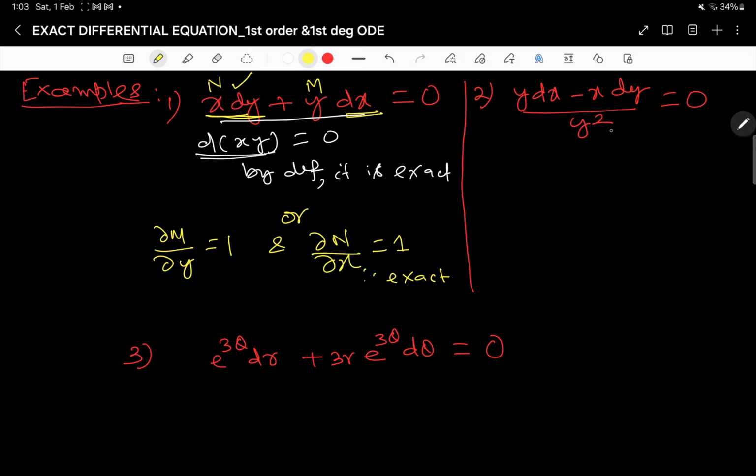Now coming to this differential equation, it is d(x/y) = 0 by inspection, so it is exact.